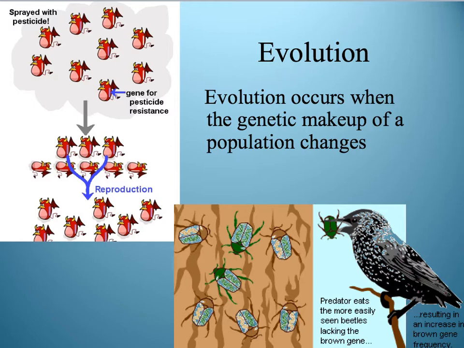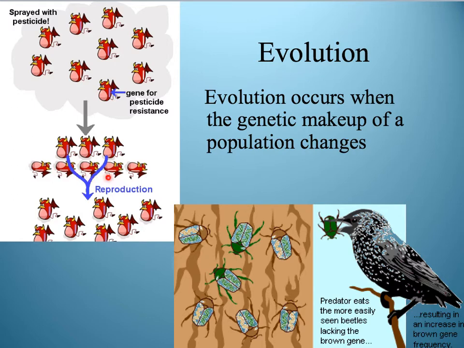Okay, pretty simple. We look at these guys up here, right? We'll call these some kind of crazy fly up here, and they're sprayed with a particular pesticide. Now, only a few of these flies here have a resistance for that pesticide. So those flies are able to survive here and reproduce. So we call those fit flies, right? They have this special pesticide resistance in them.